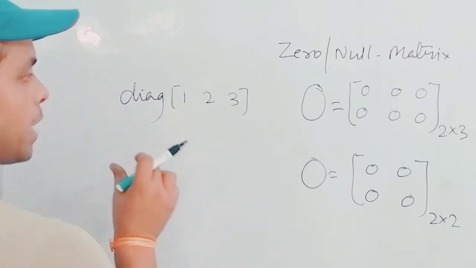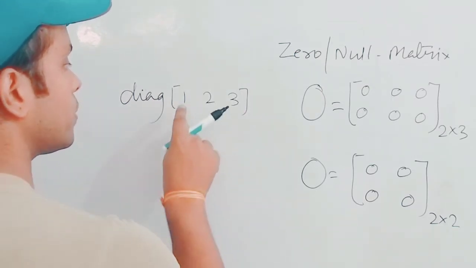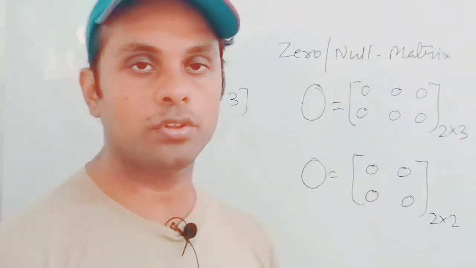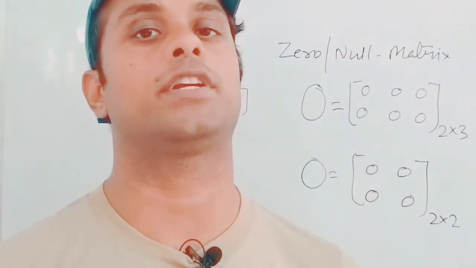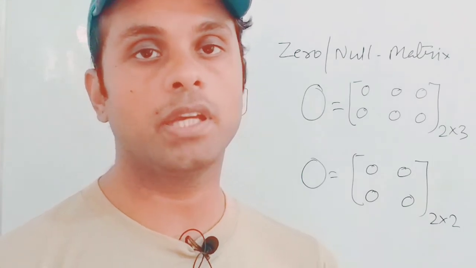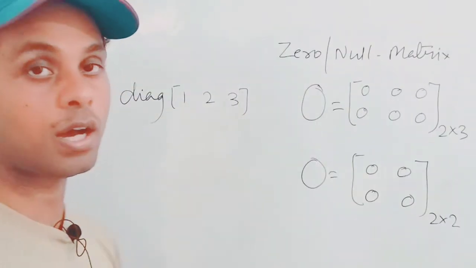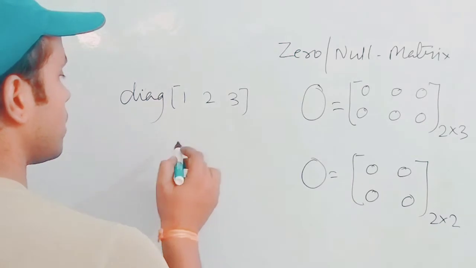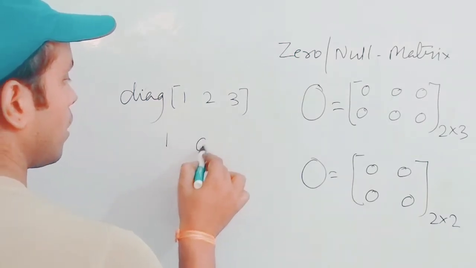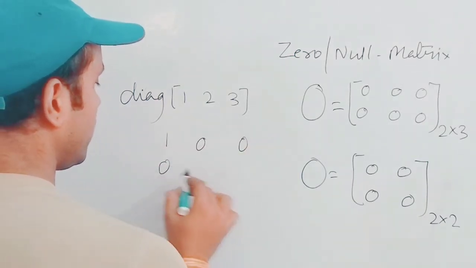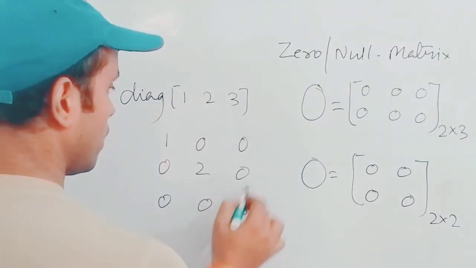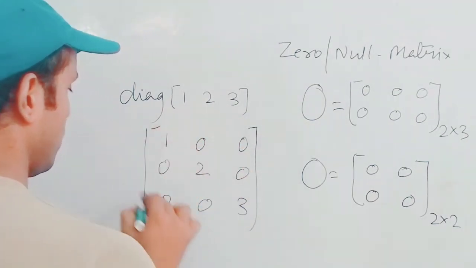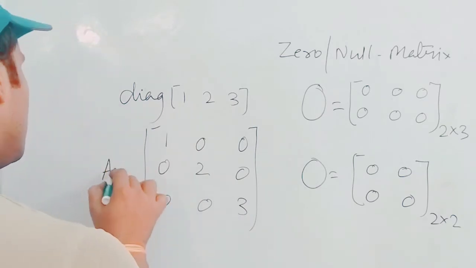You have to write a matrix of order 3 by 3, since, as I told you earlier, a diagonal matrix is always a square matrix. Sometimes you may be given like this also. So it means this is a diagonal matrix of order 3 by 3, and the diagonal elements are 1 2 3. So remember this also.